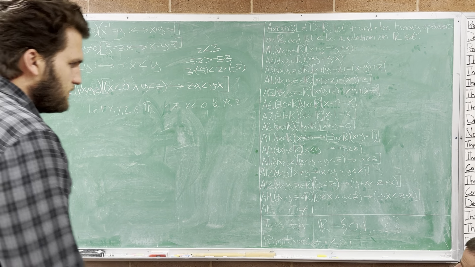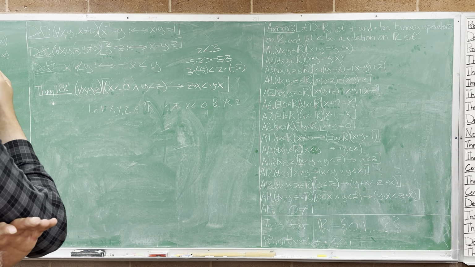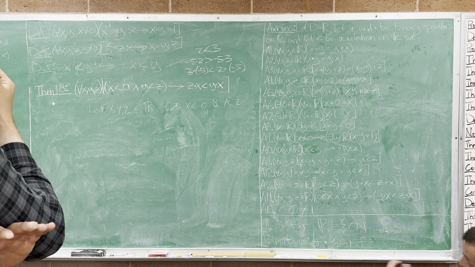We have a number x less than 0. So I understand that we're adding a negative. I need to find a number greater than 0, and then multiply both sides of this inequality by that number.